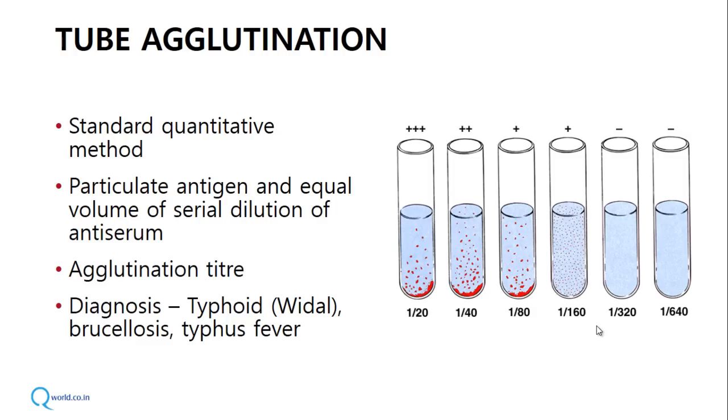The antibody titer of a serum is the highest dilution that shows an observable reaction with the antigen, which here is agglutination. Antigen titer can also be measured in similar fashion by testing a series of diluted serum against a known quantity of antibody. So this gives us the concentration of antibody or antigen present in the serum. It is used for diagnosis of typhoid in the form of Widal test, brucellosis, or typhus fever.